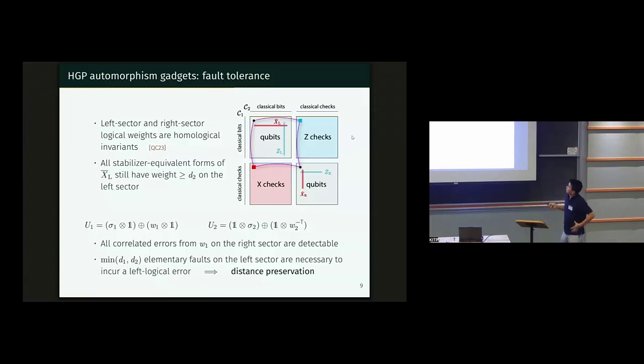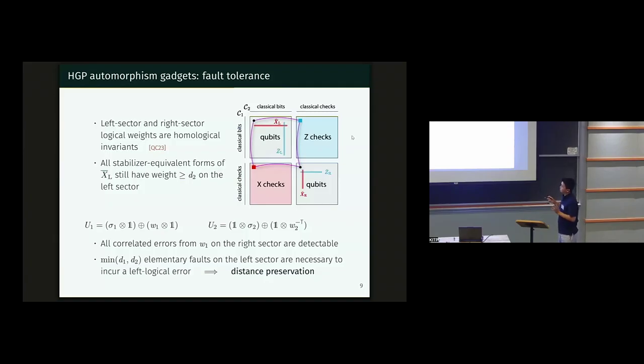So I guess I'll just start this slide maybe from the bottom. We show that even though you do this permutation, even though you do this circuit W on the right sector of qubits, and that could potentially spread correlated errors, actually the correlations might not be so bad.